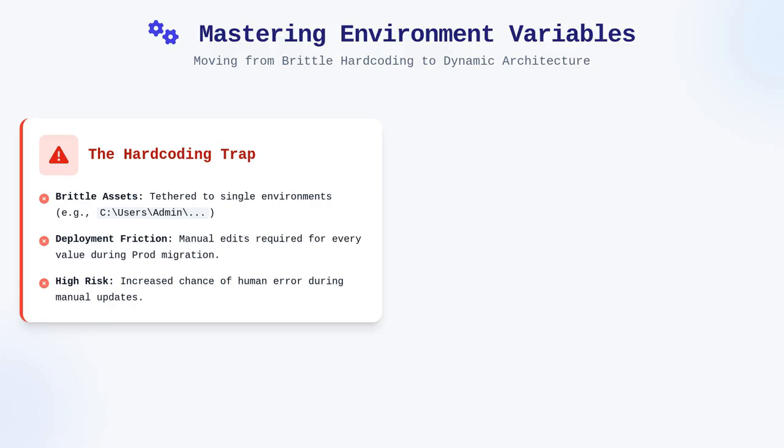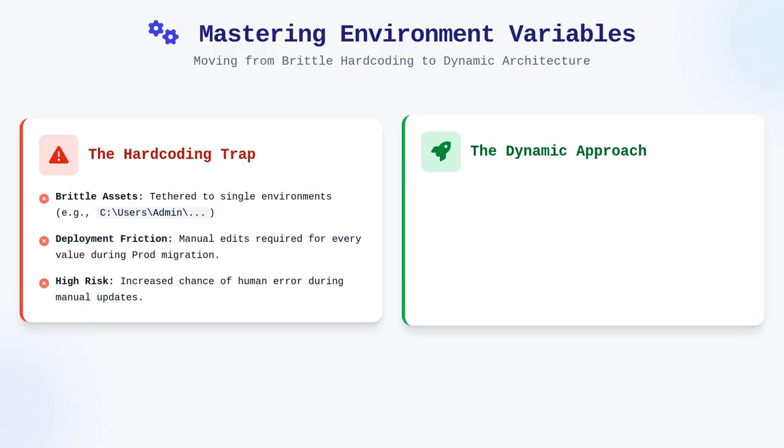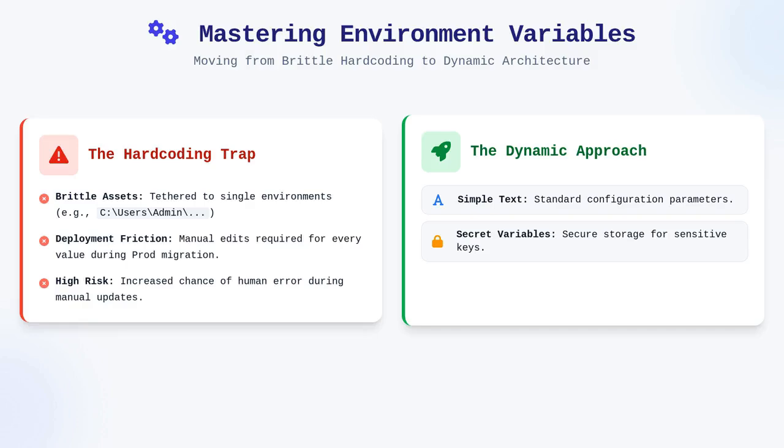By utilizing environment variables, you move away from this static approach and instead store these configurations as dynamic parameters. Environment variables act as definitions within your Dataverse solution, allowing you to pass values at runtime without altering the flow itself. You can store these as simple text, or if you're dealing with sensitive configuration keys, you can leverage secret variables.